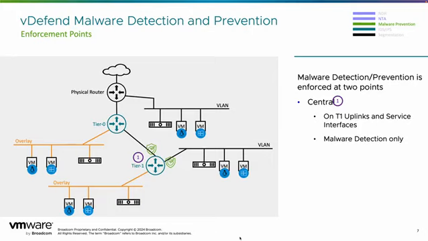This can be a really nice way of looking at files where maybe I have something that is a little bit older, or I don't have the ability to install VM tools. I can do malware detection at that level.